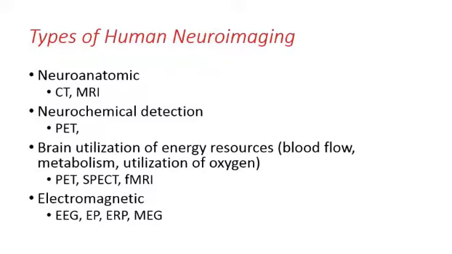And then the electromagnetic types of neuroimaging would include the EEG, evoked potentials, like I mentioned, event-related potentials, and magnetoencephalography, which also makes use of electromagnetic recording.